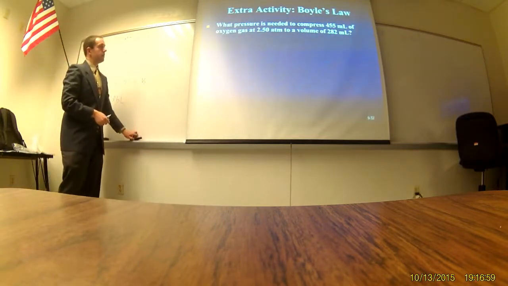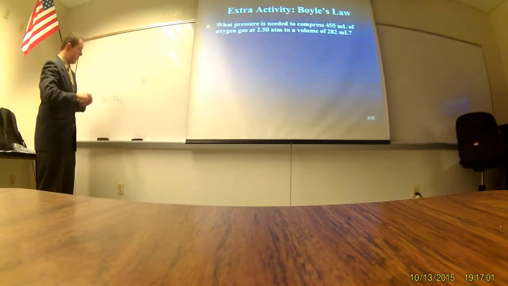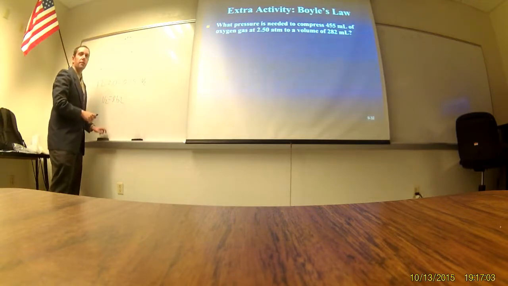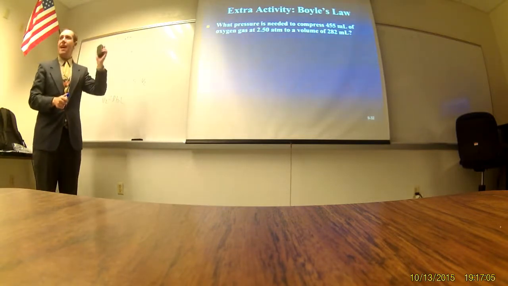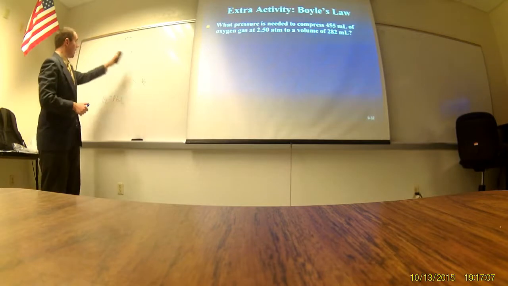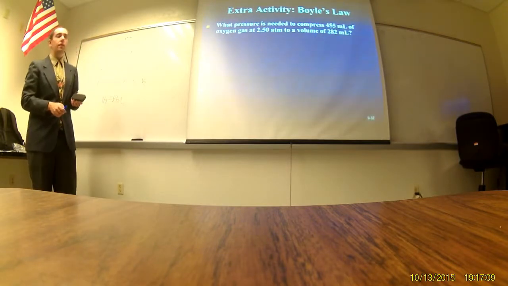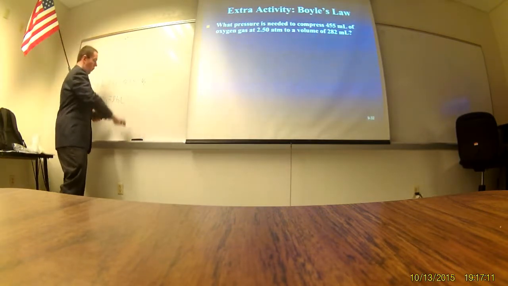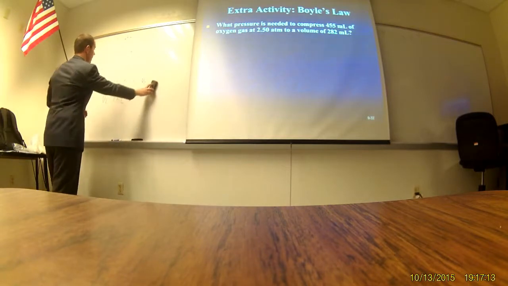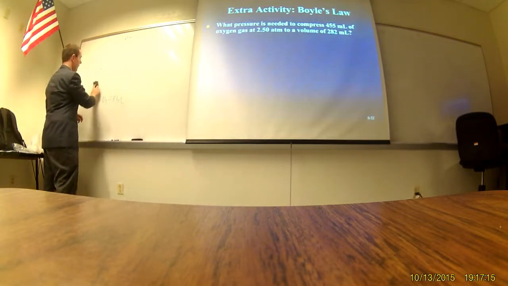Here's another one. The only tricky part about these questions is figuring out what the question is asking you for. After that, it's just plug and play, right? So, which variable is this asking us to find?